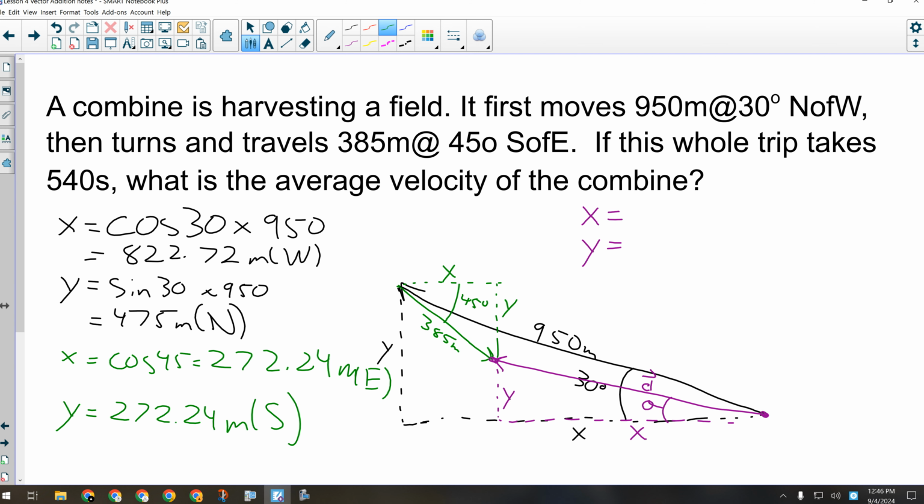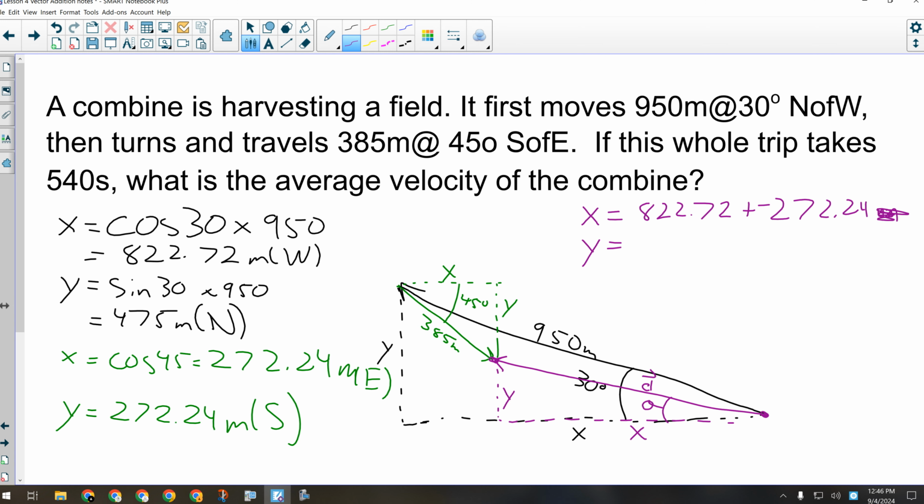So purple x is going to be 822.72 meters west plus 272.24 meters east. But since this one is east, it's got to be negative because I made west positive in this one.